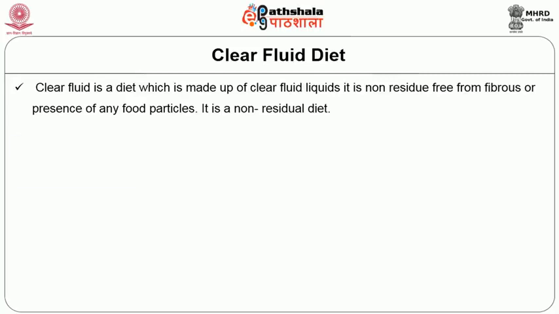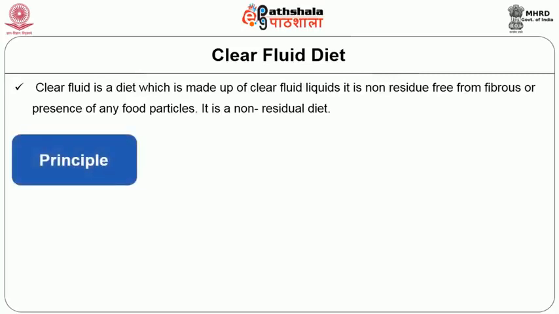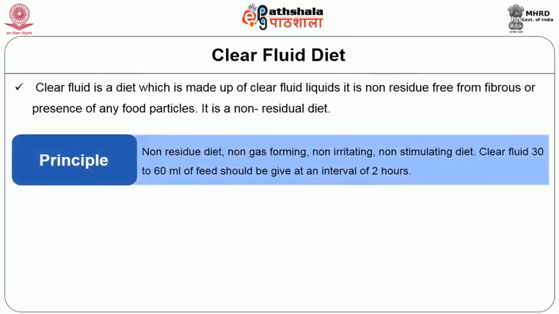The principle of this clear liquid diet is that it is non-gas forming, non-irritating to the intestinal tract, and non-stimulating. Clear fluids have to be given in amounts of 30 to 60 ml per feed, at an interval of 2 hours in a day.